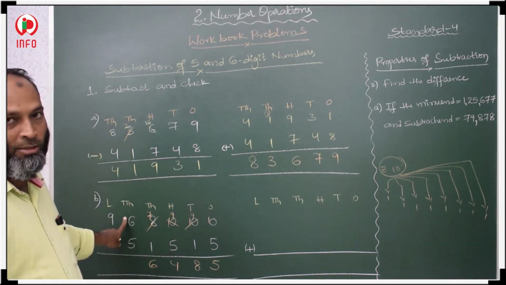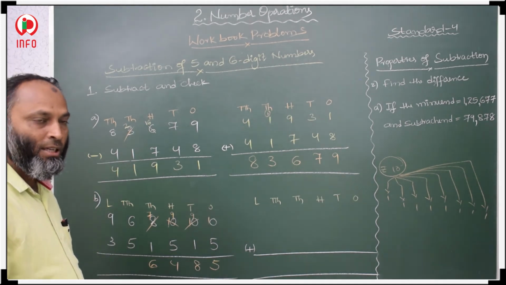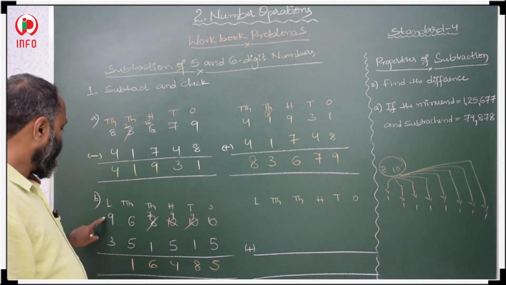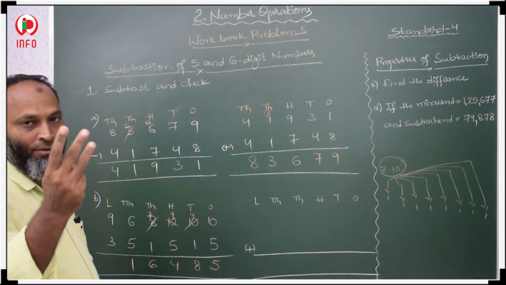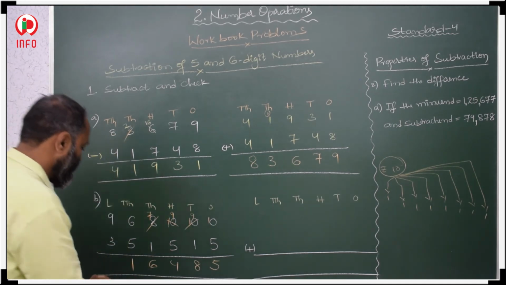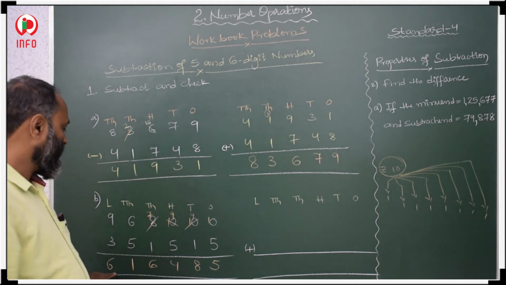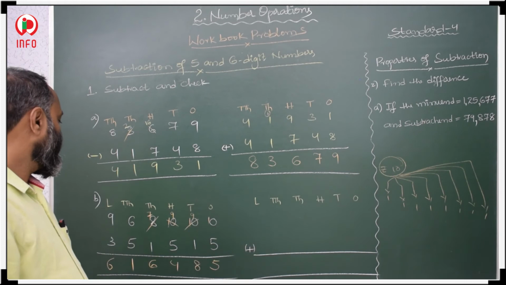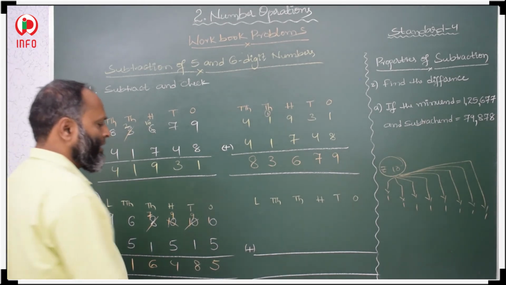When the numbers are consecutive, the difference is 1. 9 minus 3 means from 4 to 9 we have to count: 4, 5, 6, 7, 8, 9. Total 6. This is the difference, 6,16,485. Now, how to check? First we have to take the difference.